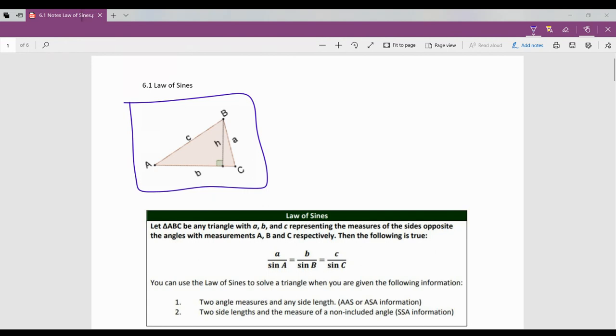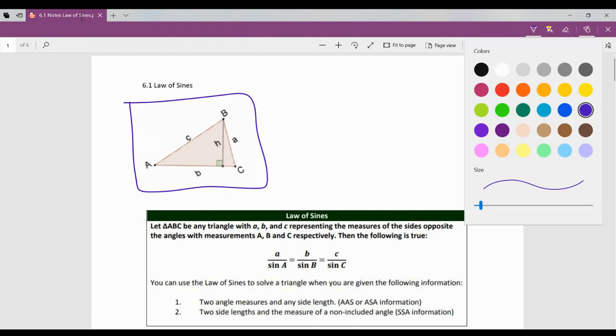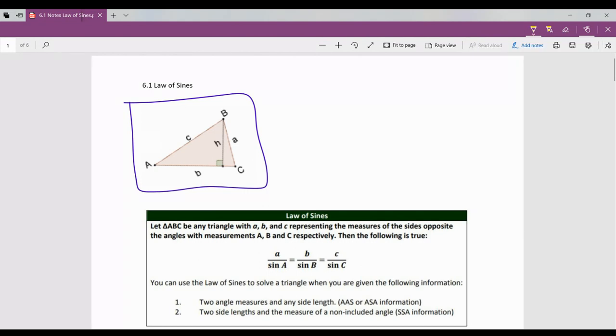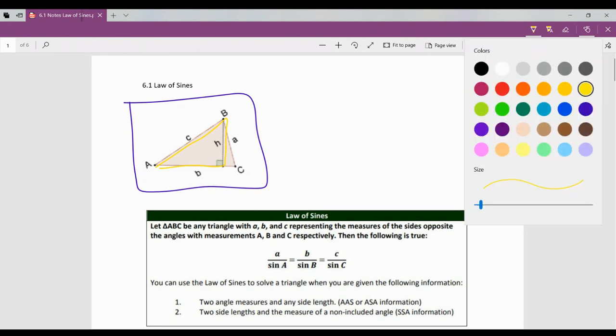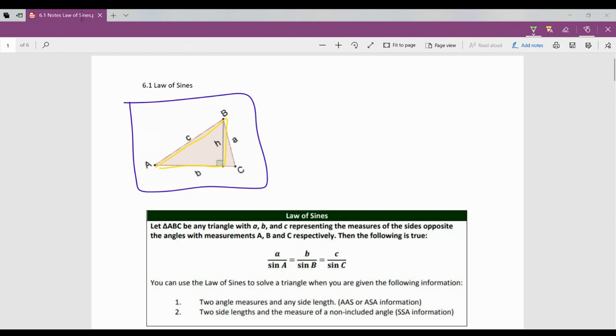So first, to show you where this comes from, the height is the right angle. And if you look at that, we've got two right triangles. Here's one of them, and the second one is that one. Okay, so just to show you the two triangles that I'm going to be talking about.